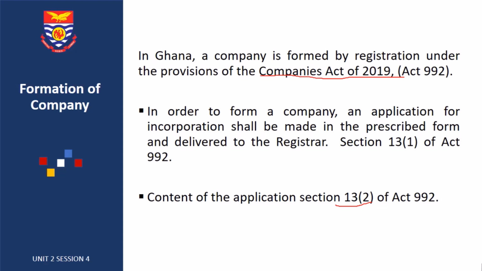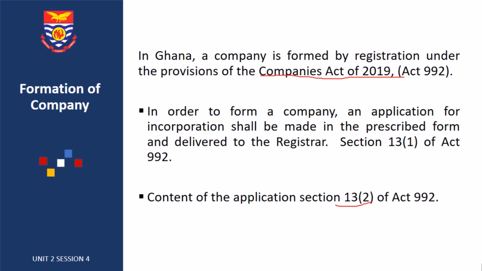Subscribers means those who append their signature to the constitution of the company or the application for registration. We also need the particulars of proposed directors, proposed secretaries, and auditors as well. In fact, Section 13.2 of Act 992 contains a lot, and I will refer you to that provision. I've stated some of them.